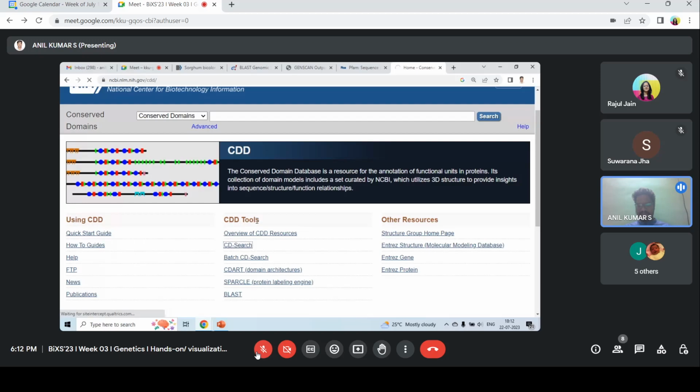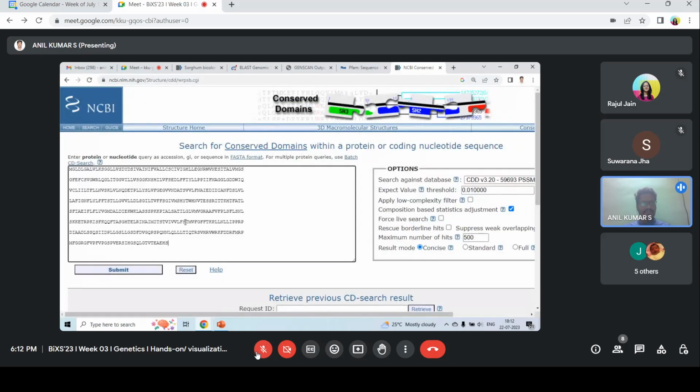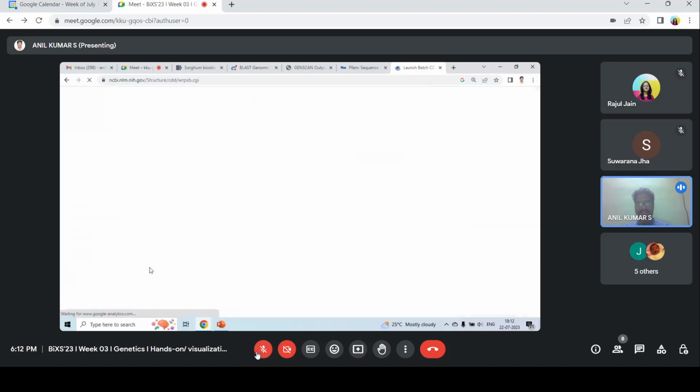The entire process is very, very simple. We are just taking a sequence. We are trying to identify whether the same sequence is in other species or not.